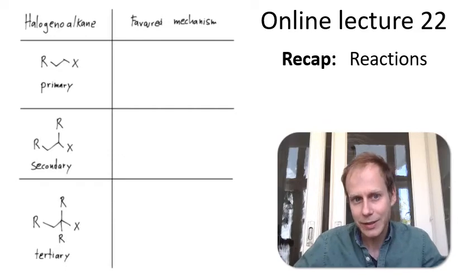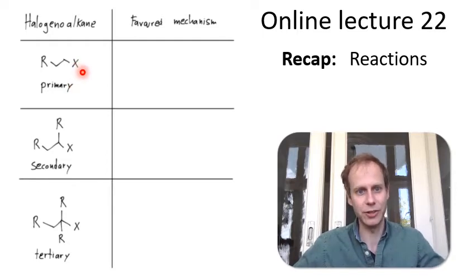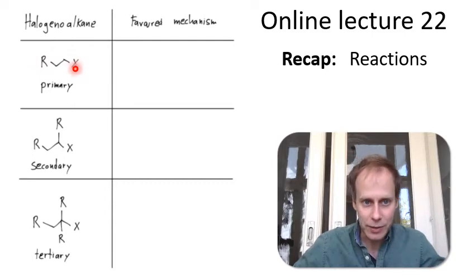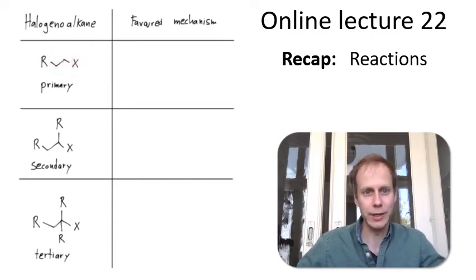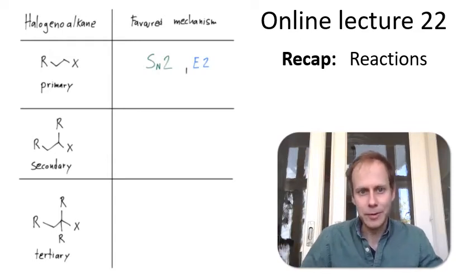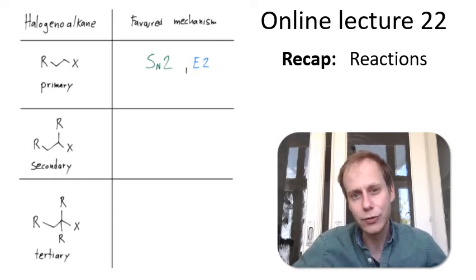In this table, I'm listing three different structures of halogenoalkanes, with X being the halogen. A primary halogenoalkane has very little substitution, only one alkyl group attached to the halogen, and that's why such a primary halogenoalkane prefers an SN2 or an E2 reaction.